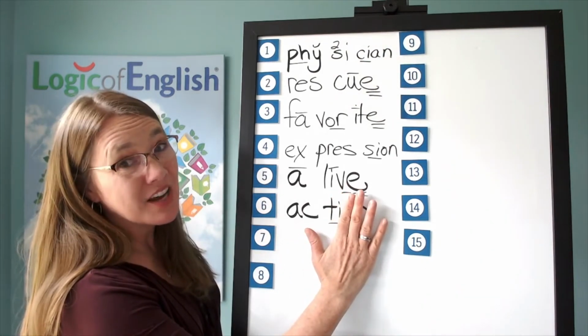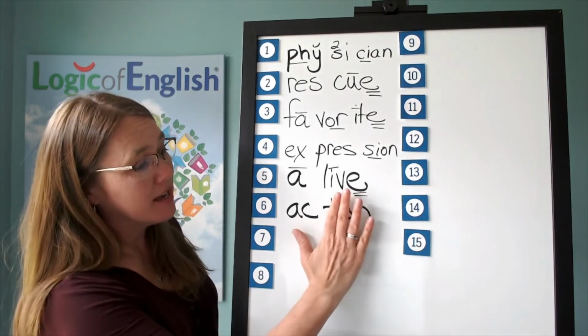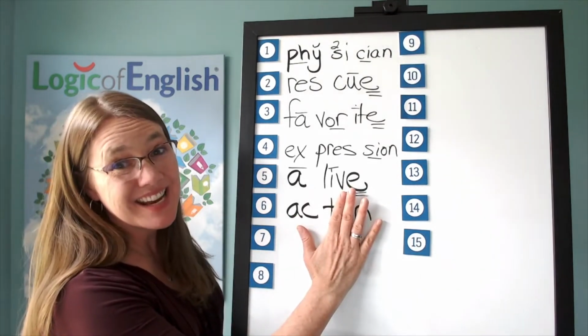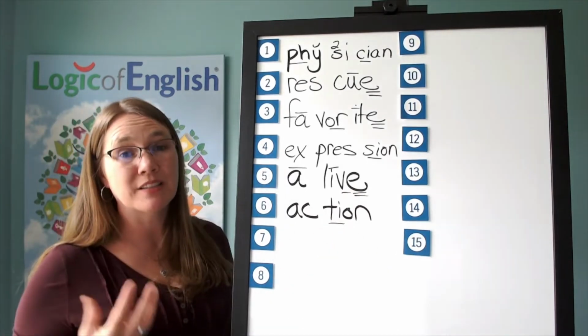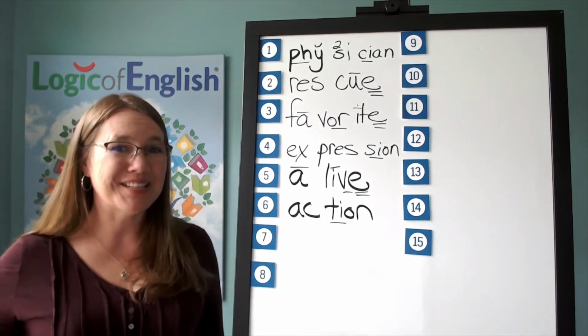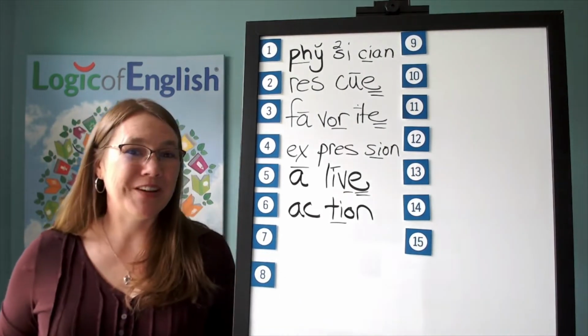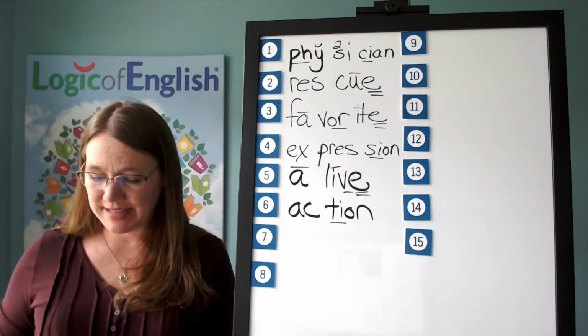And we can discover why they used the tall sh to spell action. It's because act ends in a T. So that's why we use TI to spell the Latin spelling of sh in the word action. Are you beginning to see why these are some of my favorite phonograms? The Latin spellings of sh, that is.